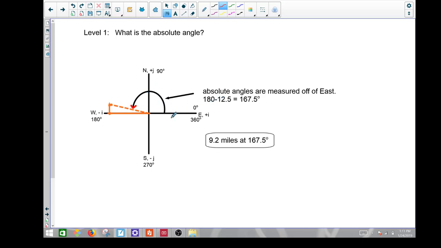And I take the whole thing is 180, so I'm going to subtract the 12.5 from 180. You'll see that right here, 167.5. So pretty simple. So they ask for an absolute vector. They want the whole angle from 167.5. And you'll find that particular vector is useful when we get into some of the more complicated vectors.